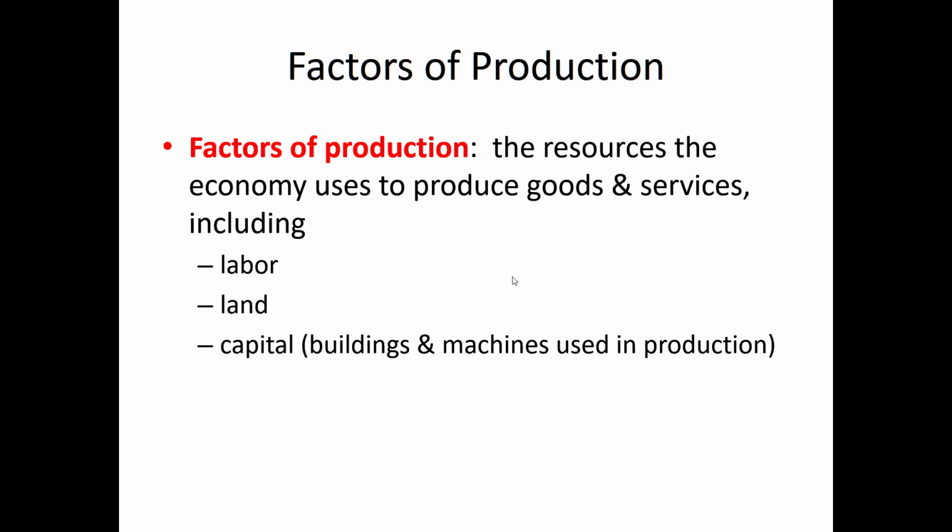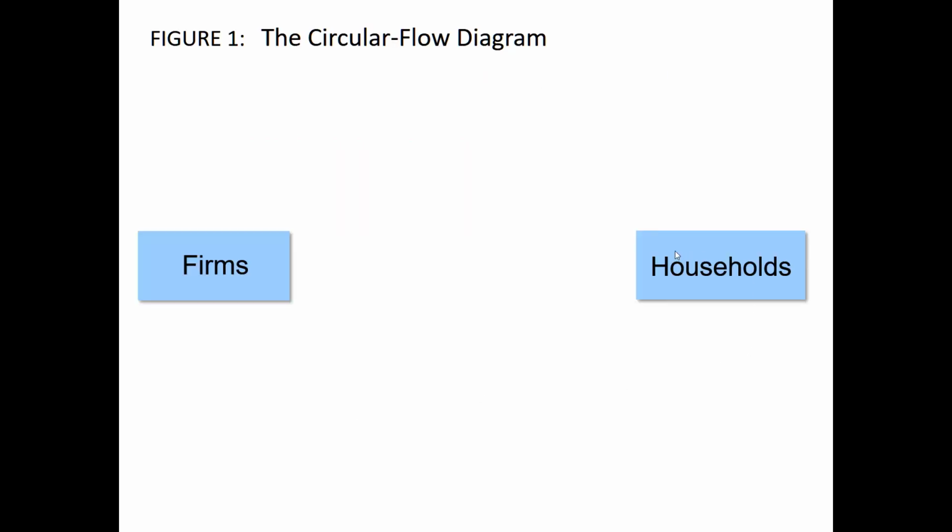If you inherit land, you may rent it to a firm so you can set up a factory over there or can set up a farm over there. Some people inherit or have capital like buildings, machines, etc. They also can be used in production. So factors of production are also purchased and sold.